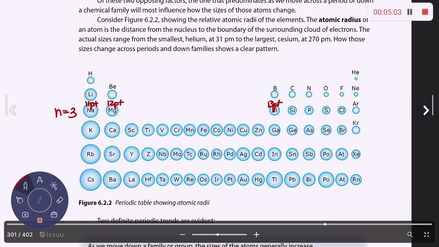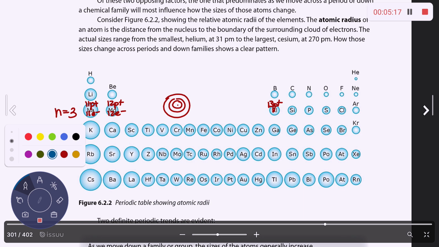I'm increasing the positive charge in the nucleus, but at the same time, you're adding electrons to the same outermost shell. Here we've got 3 Ns. If you keep adding electrons to the same shell, and you keep increasing the positive charge in the nucleus, it has the ability to pull those electrons in and make your atomic radius smaller.